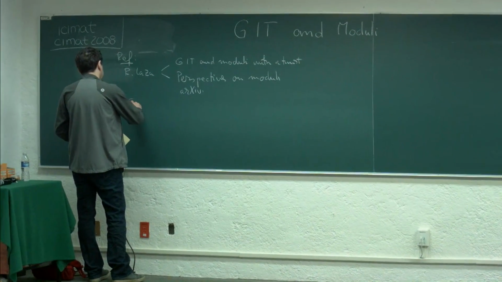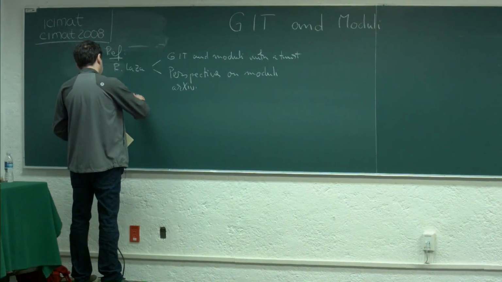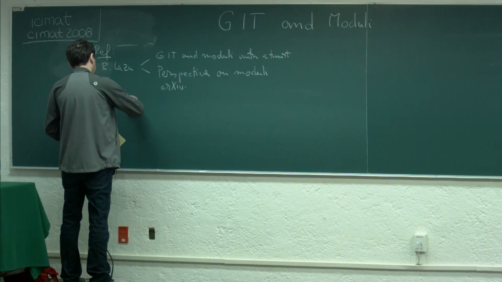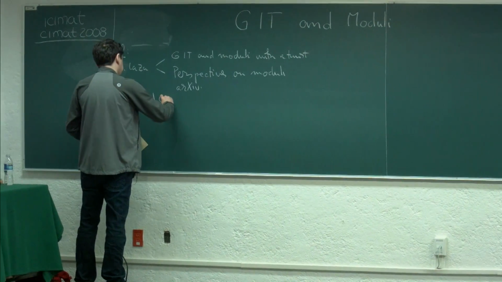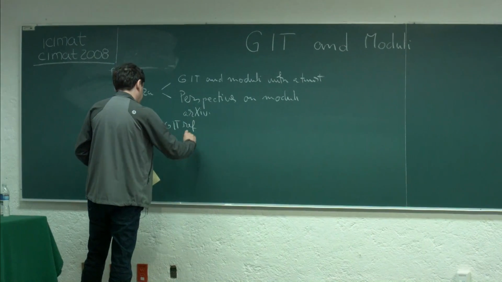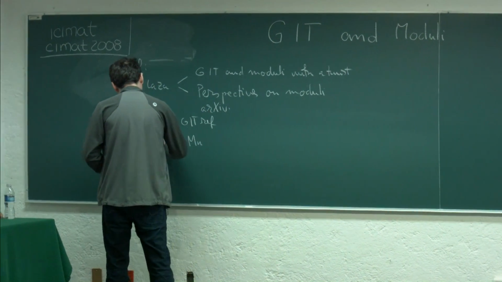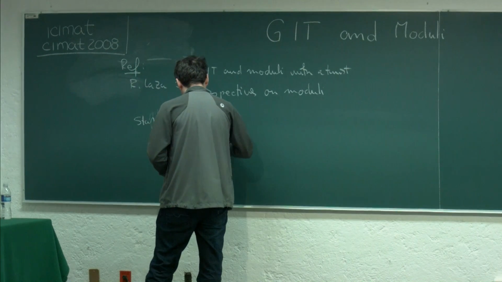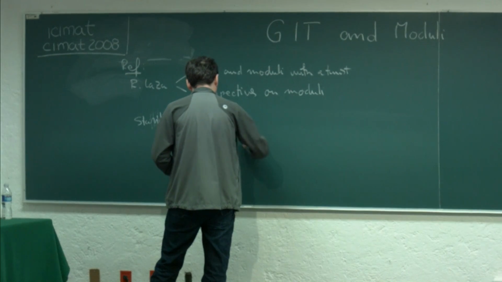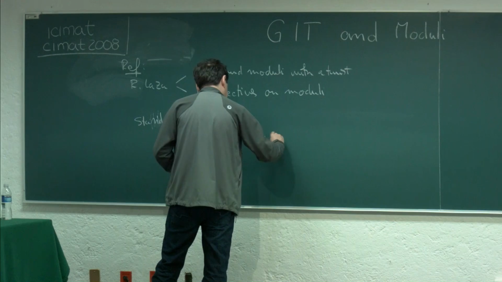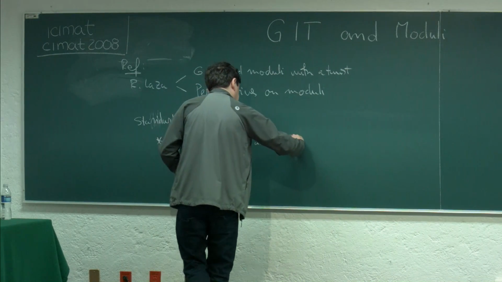And there are two standard GIT references. First of all, this is the absolute standard, Mumford et al., Geometric Invariant Theory.